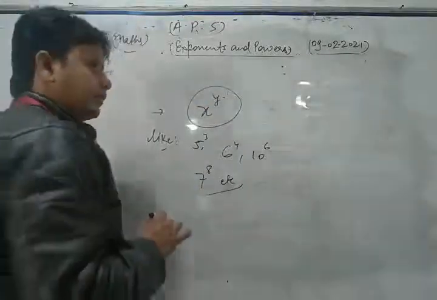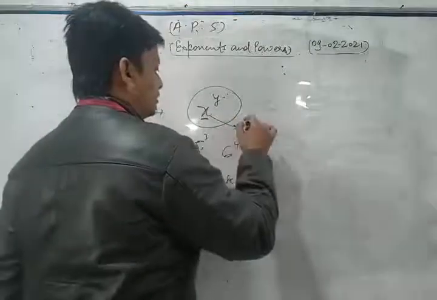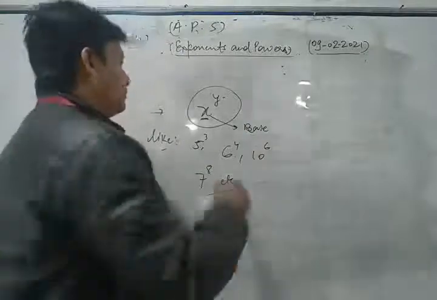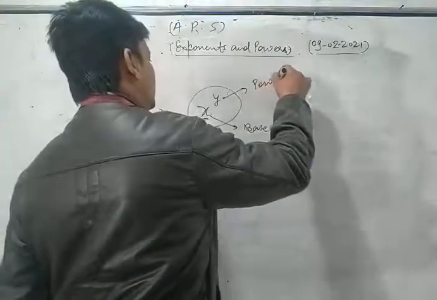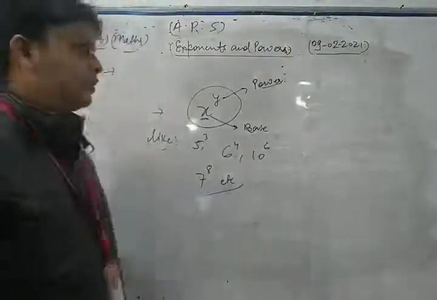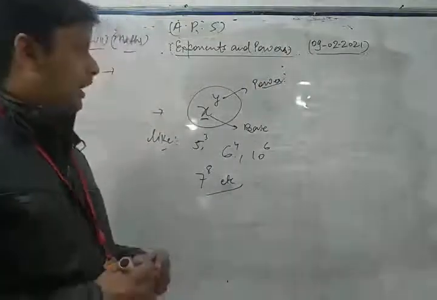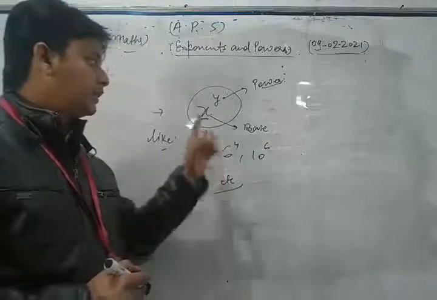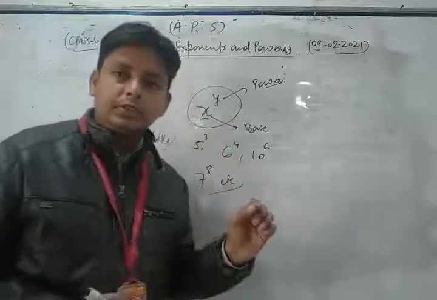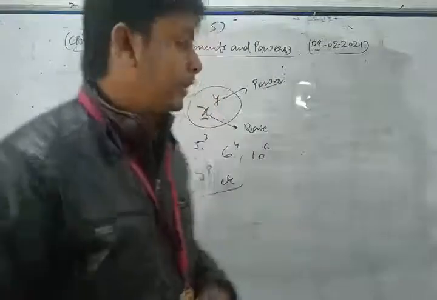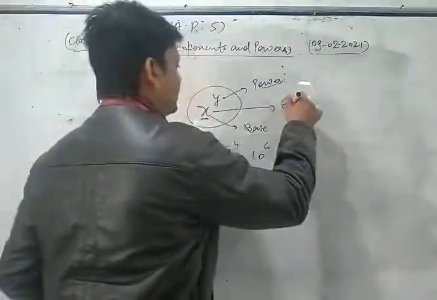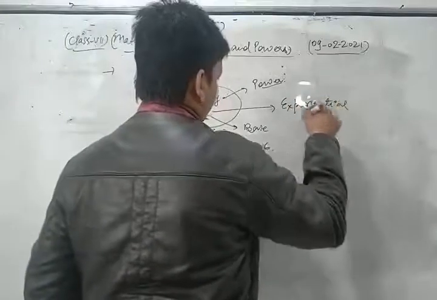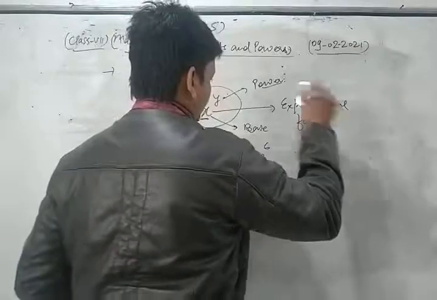If any number is written in this form, then x is called the base of the number, and y is called its power. If any number is represented in this way, x to the power y, then it is said to be in exponential form.